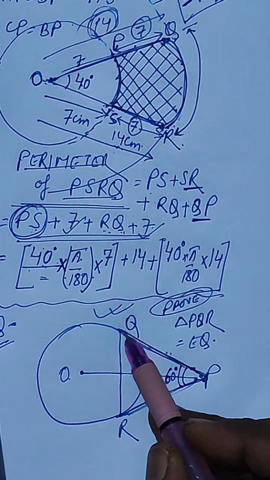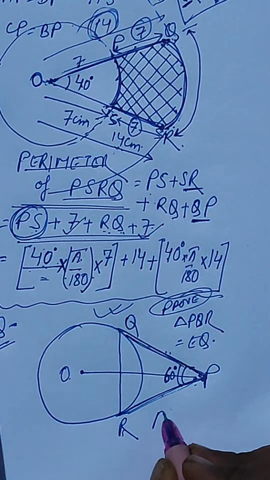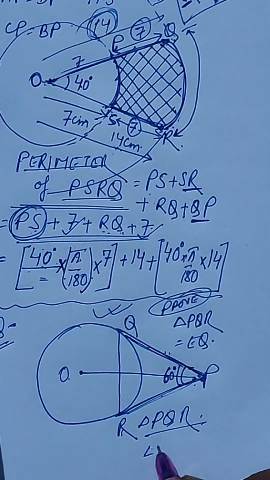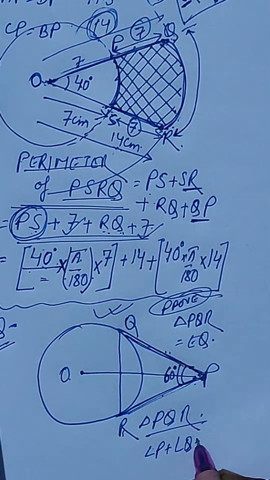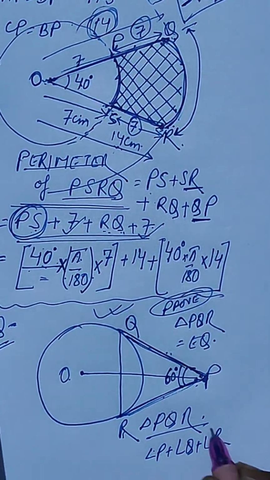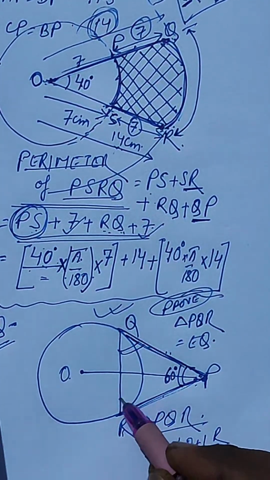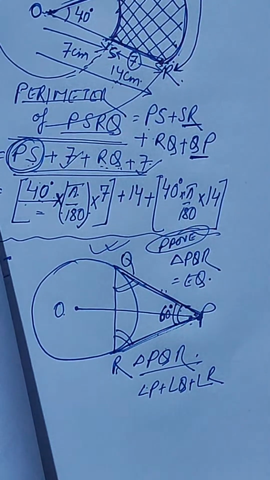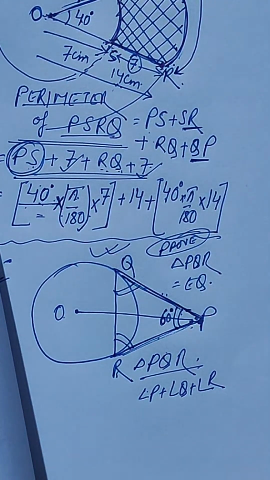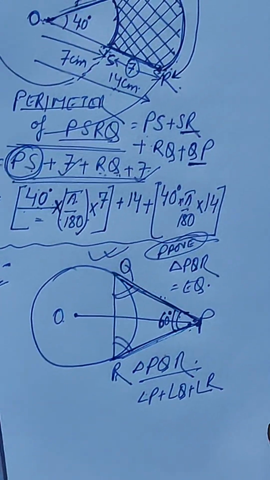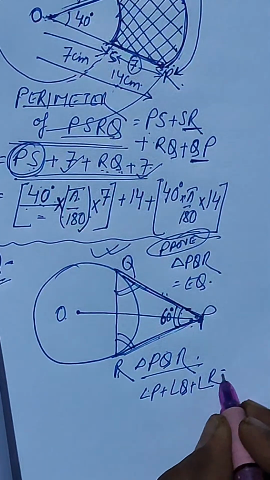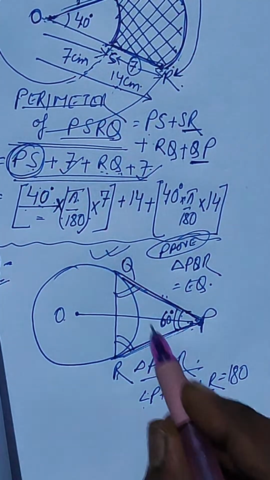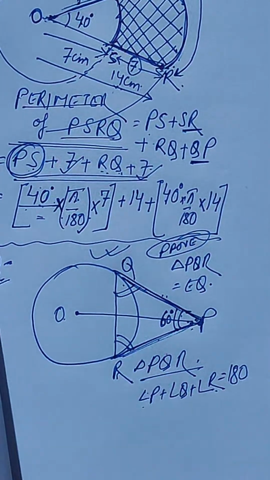That means in triangle PQR, angle P plus angle Q plus angle R, I mean all these three angles which are part of this triangle, the sum of all those angles will be equal to 180 degrees, right? I am considering this angle P, this angle Q, and this angle R.